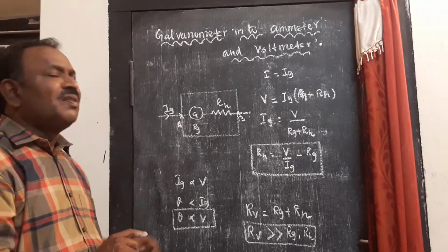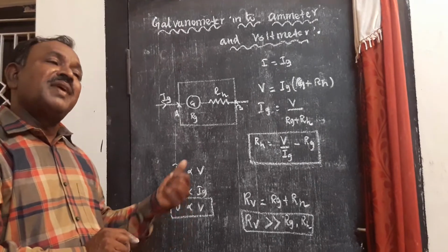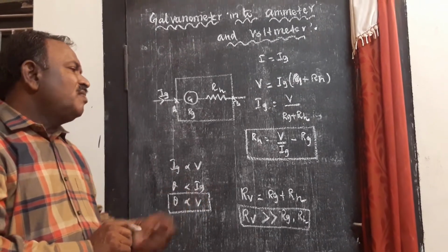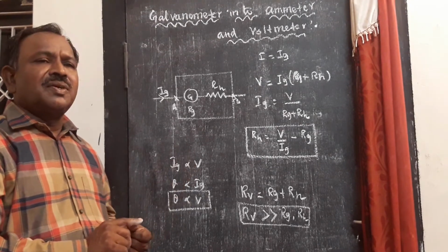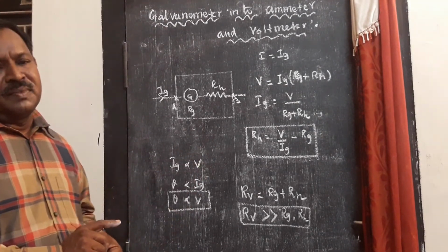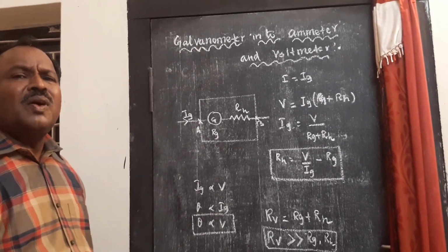If you want to convert a voltmeter of V volts into N times the range, the value of the resistance is given by RH is equal to (N minus 1) times Rg. So this is how we convert a galvanometer into a voltmeter.